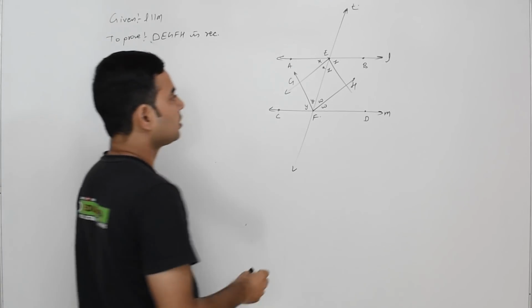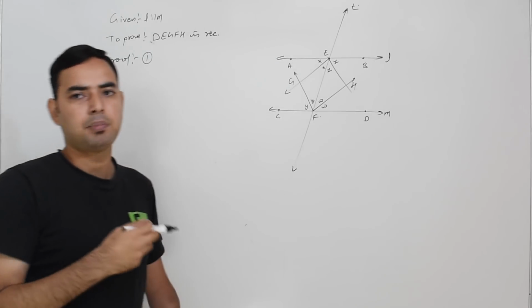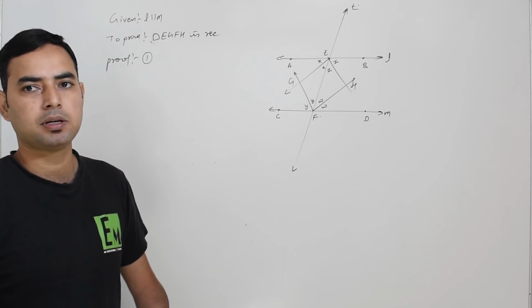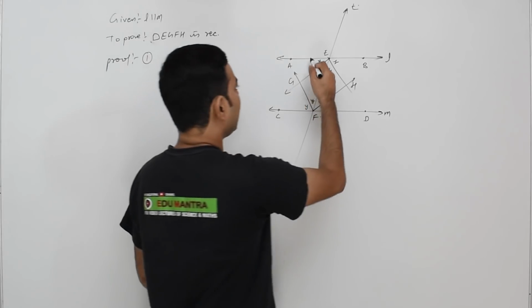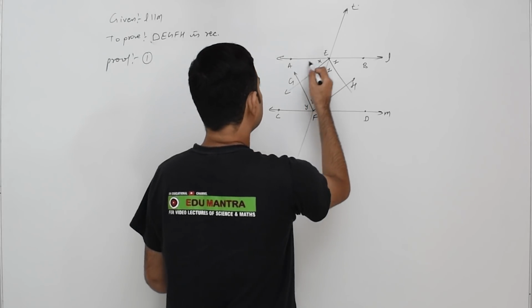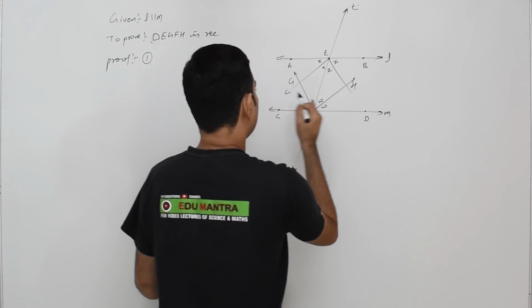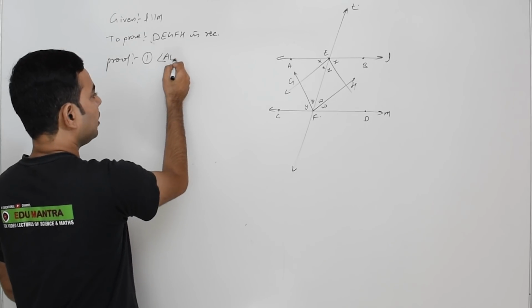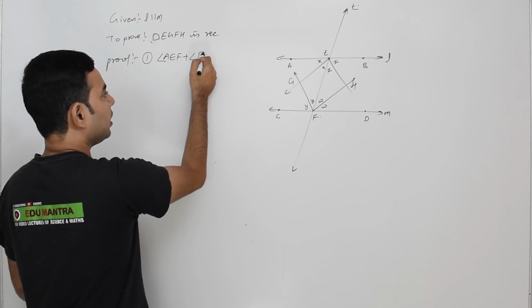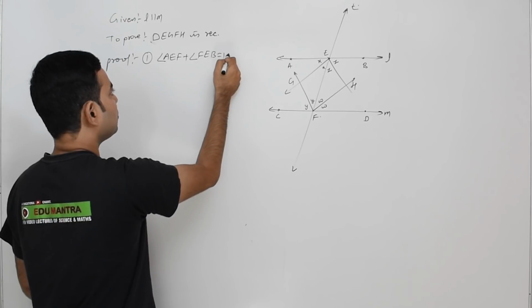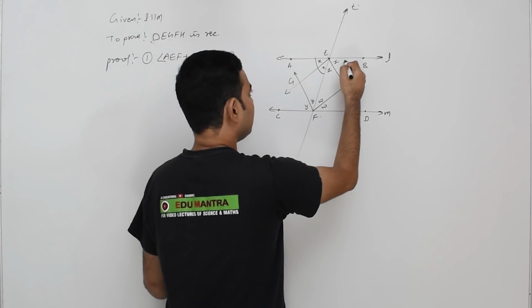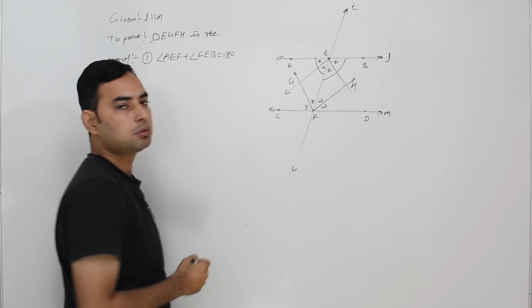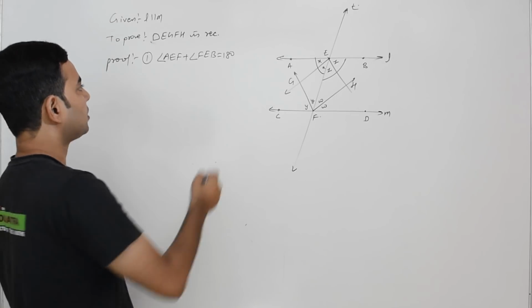So for that, proof in the first point. We know that if two lines are parallel, interior angles are supplementary. First of all, we will prove that this angle is 90. For that, angle AEF plus angle FEB equals 180. This angle plus this angle will be equal to 180 because they form a linear pair.